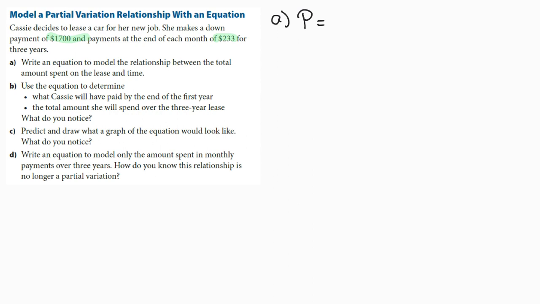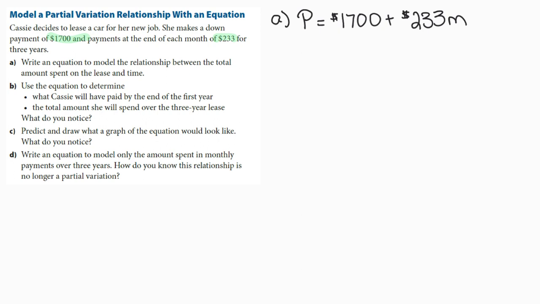So she paid the original $1,700 plus $233 every month. So we would say $233 times the number of months. So 233M. So if we just plugged in how many months have passed, we would do the number of months times 233 plus the original $1,700 that she borrowed.